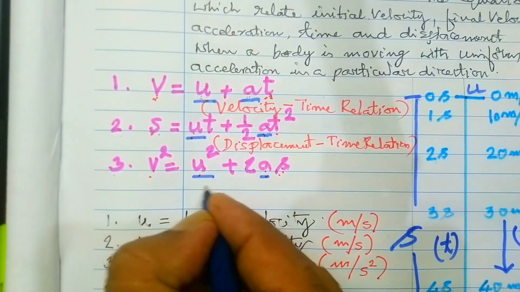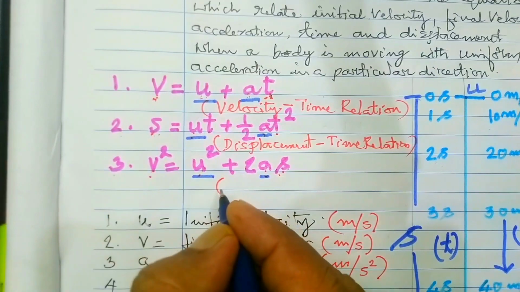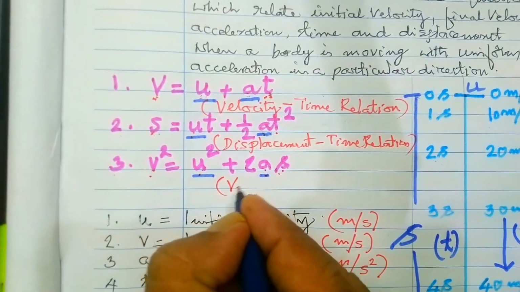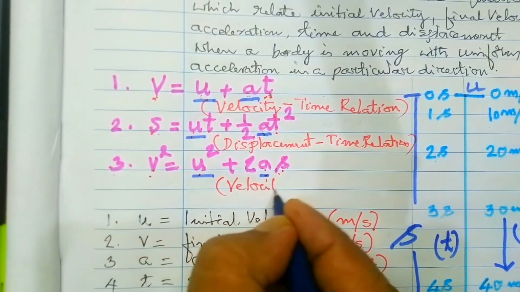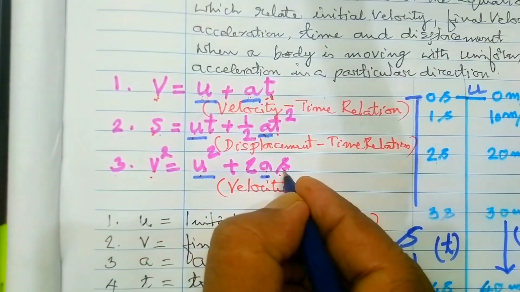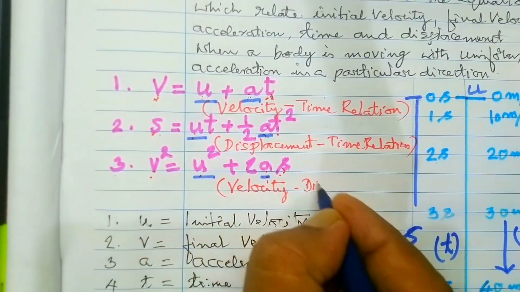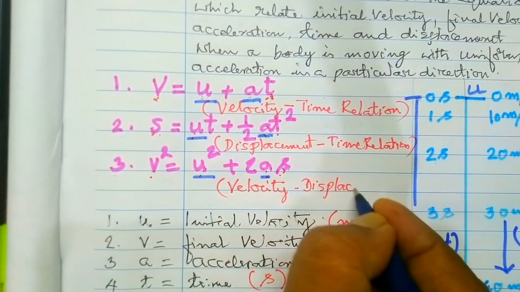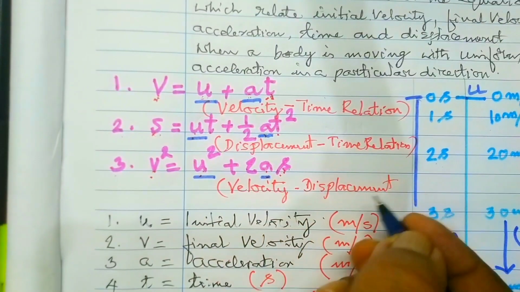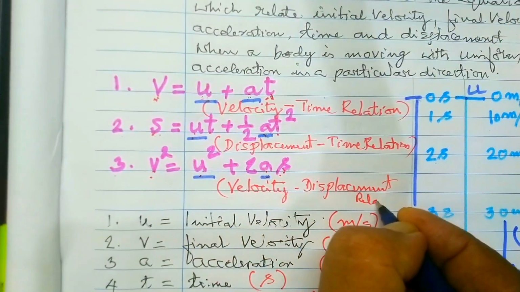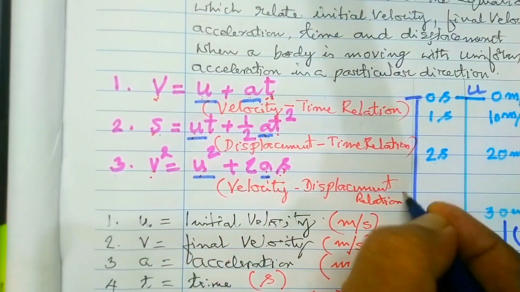Therefore, we call it a velocity displacement relation, where v stands for final velocity.